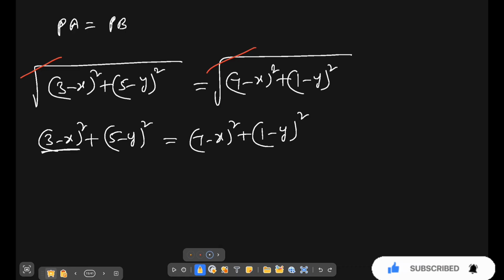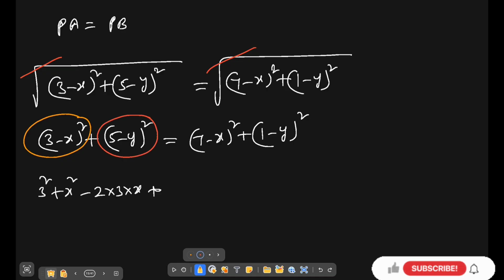So let's apply this for the first one here. a square plus b square minus 2ab means 3 square plus x square minus 2 into 3 into x.